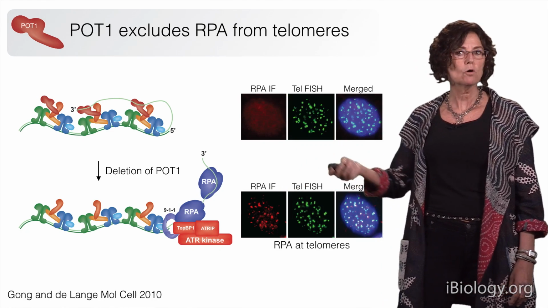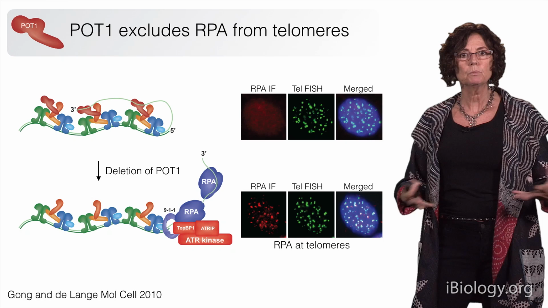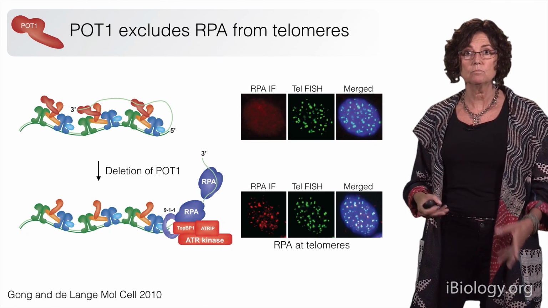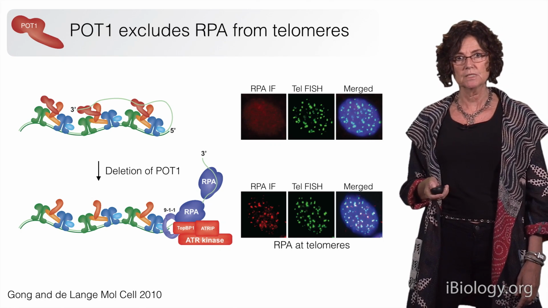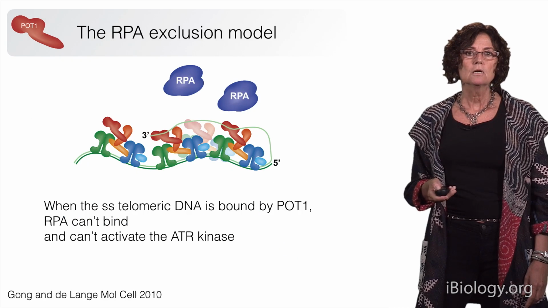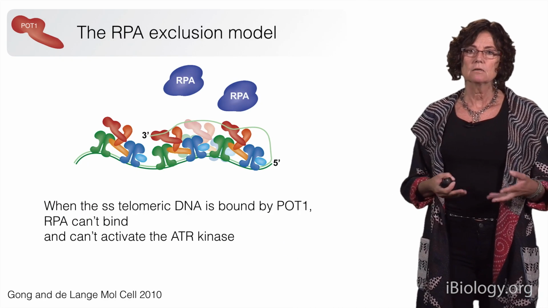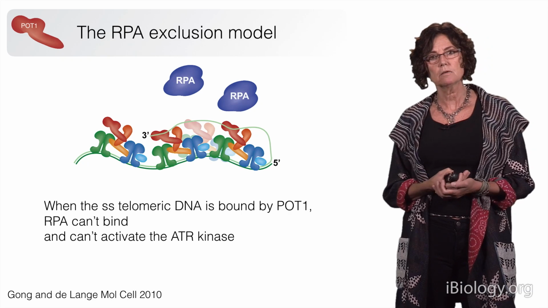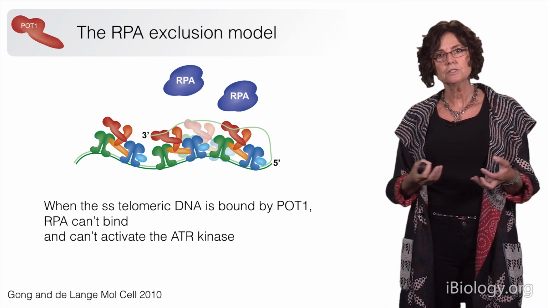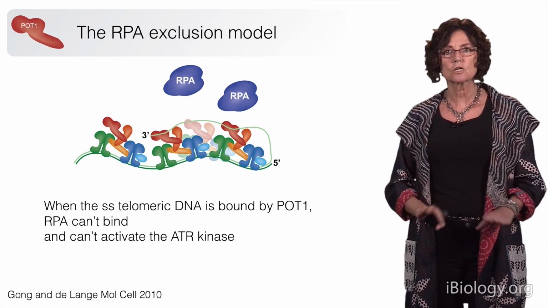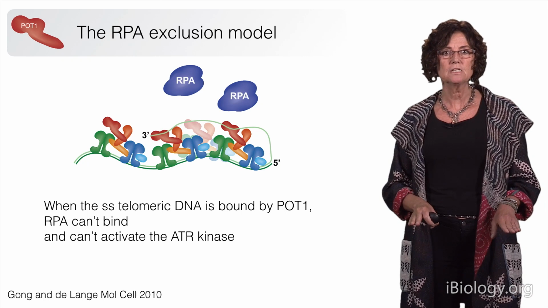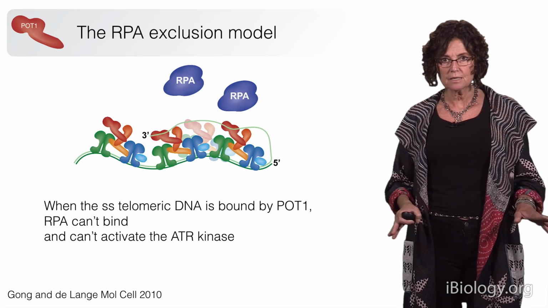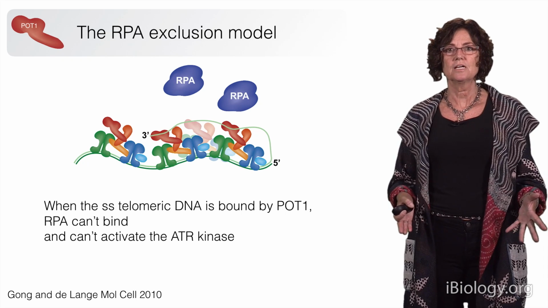Normally, no RPA at telomeres. So when Pot1 is removed, RPA can bind to the single-stranded telomeric DNA. And this made us think that what really is going on here is that Pot1 bound to the telomeric DNA is normally excluding RPA from the telomere, and since RPA can't bind, it can't activate ATR.